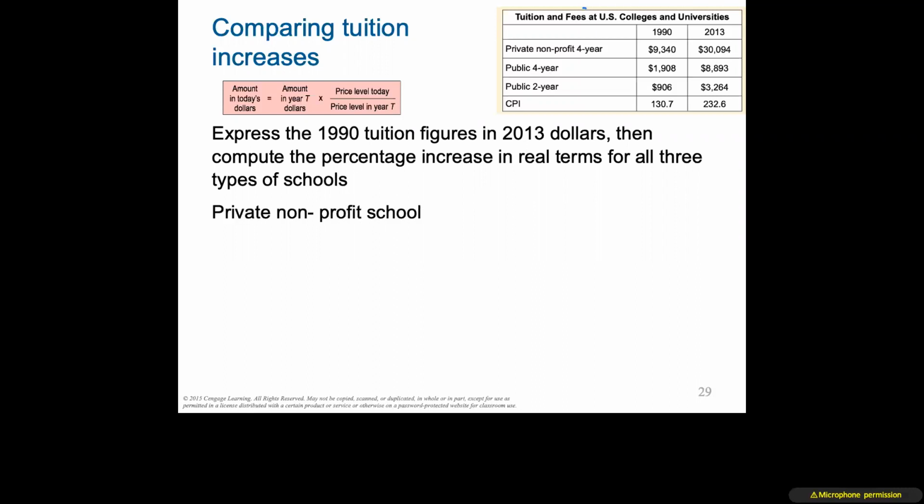So for the private school, we're going to take the equation we had before, which is up above here, where today's dollar amount is equal to the dollar amount in year T, times the price level today, divided by the price level in year T. So a private nonprofit school at $9,340 is equivalent to $16,622.